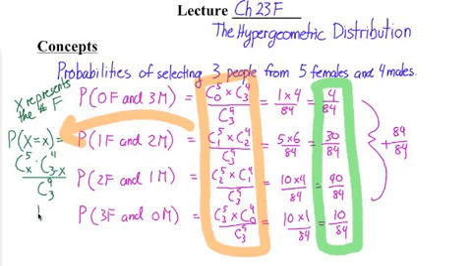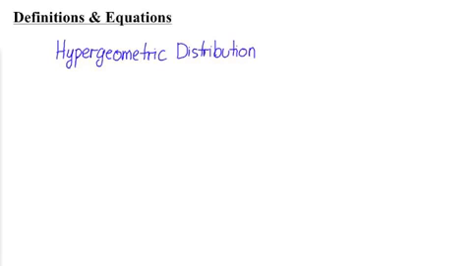Using another one of the notations that we learned in the last video, I can also write this as 5 over X times 4 over 3 minus X all over 9 over 3. This is called a hypergeometric distribution.